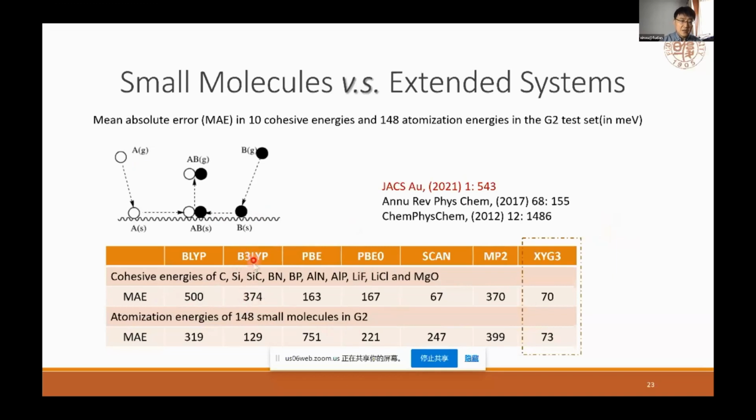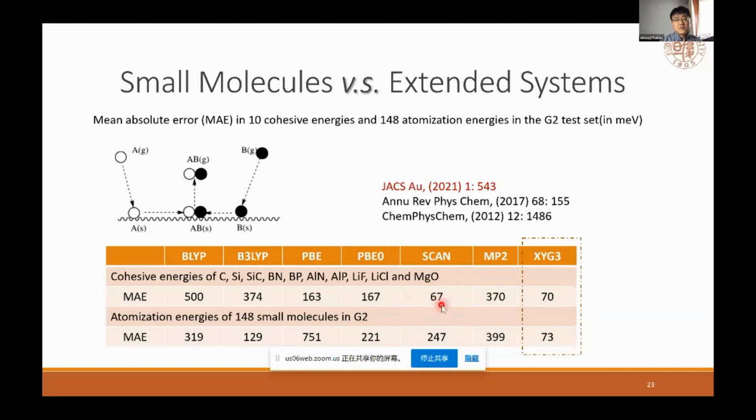So as you can see, this B3LYP works pretty well for small molecules, but not so good for the bulk solids. And PBE, on the other hand, works for the solids, but not so good for the molecules. And this is also true for the more advanced functional SCAN.